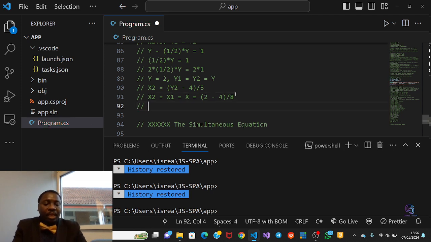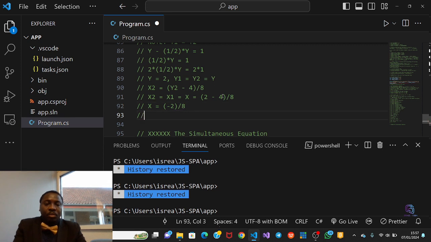So x equal to, now 2 minus 4, that's minus 2 divided by 8. So x is now equal to minus 2 divided by 8.